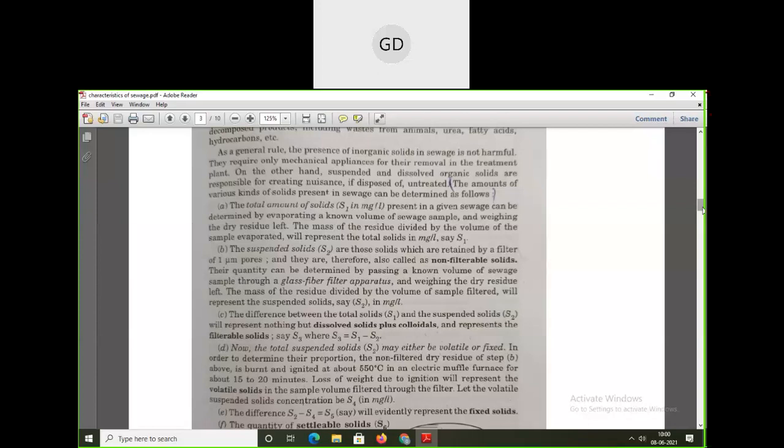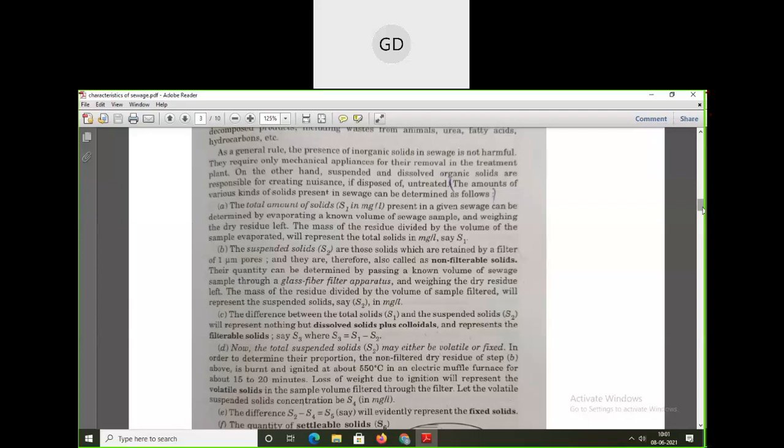And how will you find it out? This quantity, your suspended solids, can be determined by passing the sewage sample through a glass fiber filter apparatus.